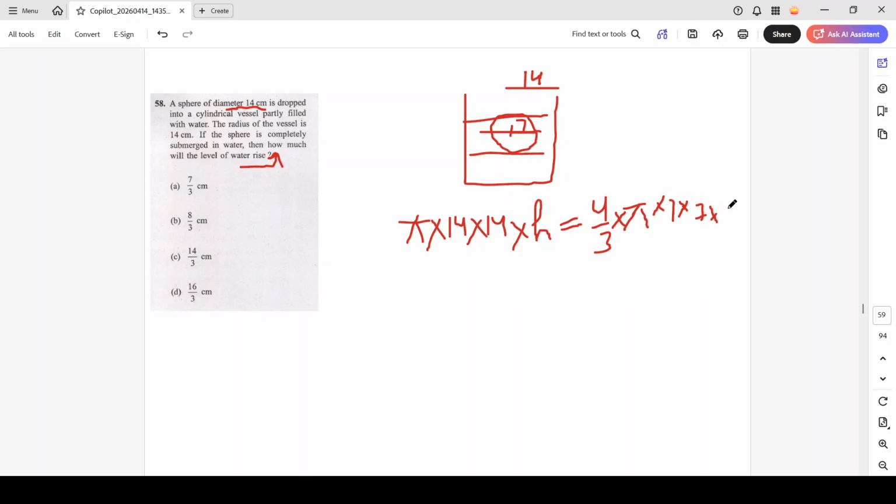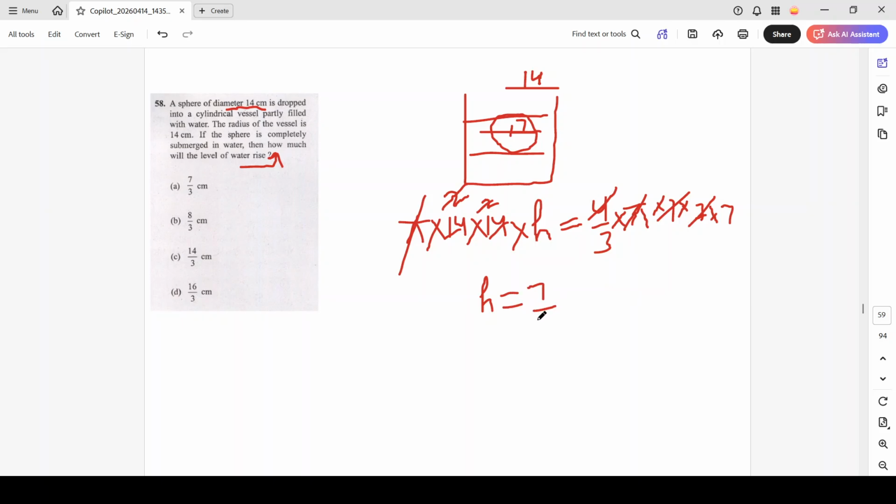Okay, let's see, this 7 cancels out this 14 two times, and this 7 also cancels out this 14 two times, and this 2 and this 2 cancel out 4 completely, and this pi cancels out pi, and we have been left here on this side with h and this side with 7 upon 3.